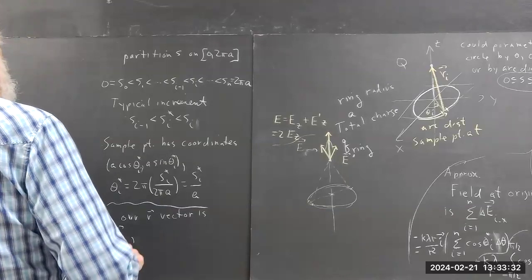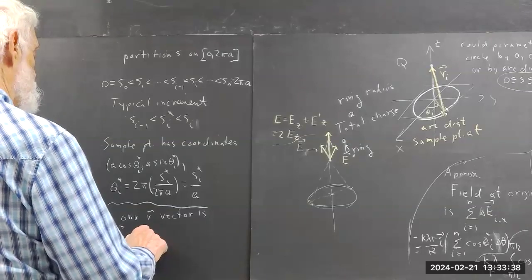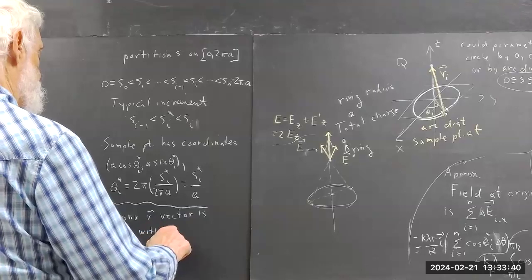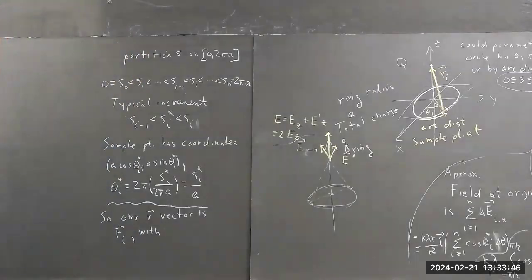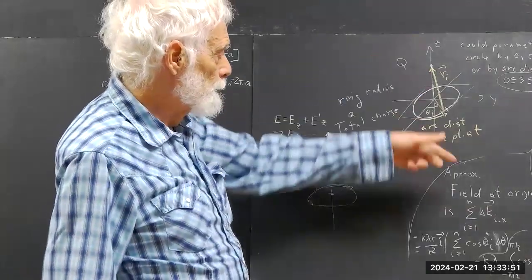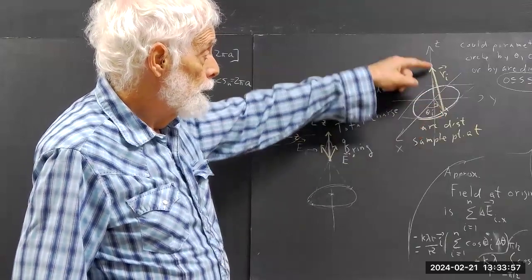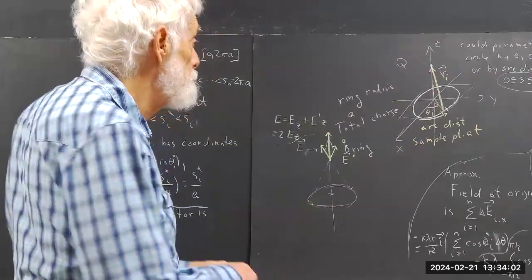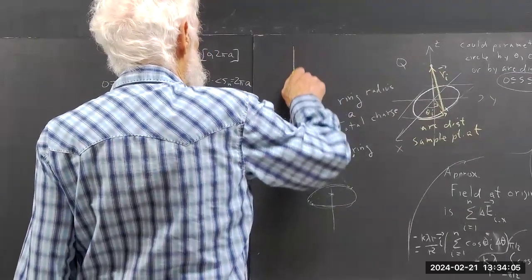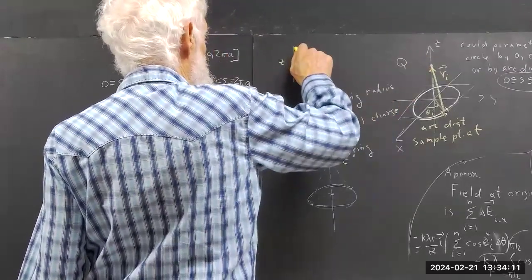Again, I'm just debating the coordinate system I really want to use here. You've got a triangle with an A here and R sub i here and your Z coordinate here.